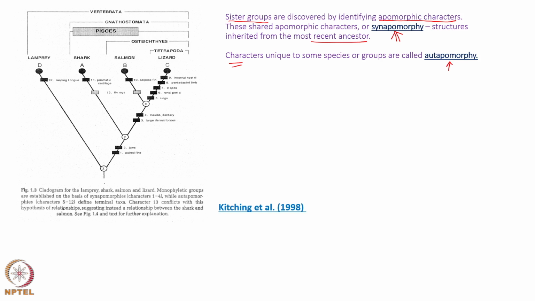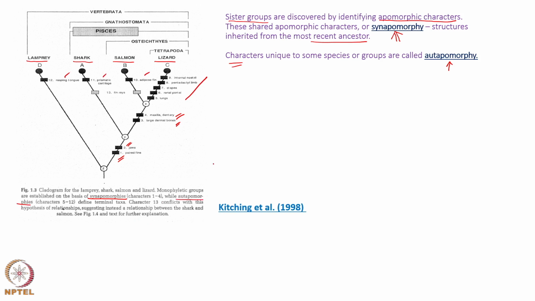Let us look at our first example, lamprey, shark, salmon and lizard, and how the different characters can be placed. Characters 1, 2, 3 and 4 are the synapomorphies, whereas characters 5 to 9 and then 10, 11, 12 are the autapomorphies.